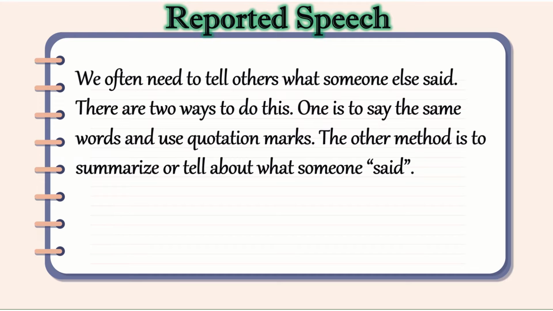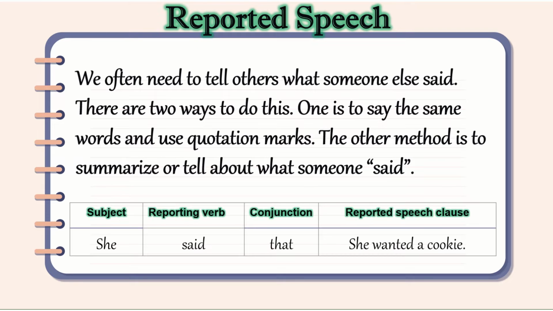Before we get into the rules for reporting speech, here are the terms we're using to explain it. Here you have a sentence, an example, right? First, you have the subject, in this case, she. The reporting verb, said. That, the conjunction, which is optional if you want to use it. And also the reported speech clause: she wanted a cookie.